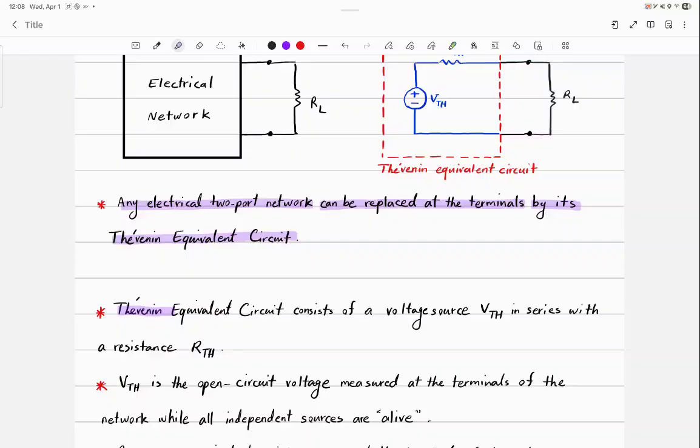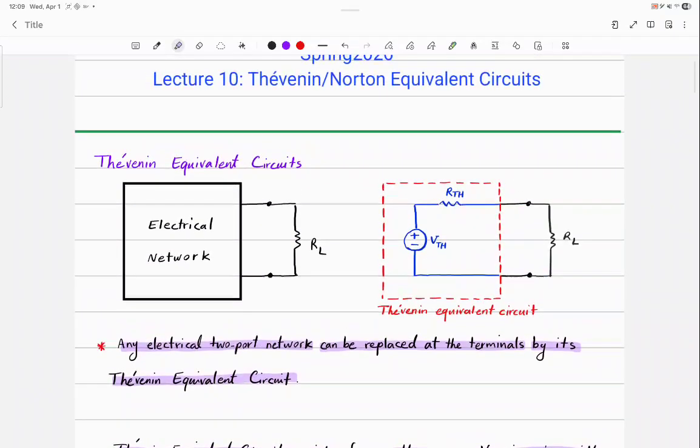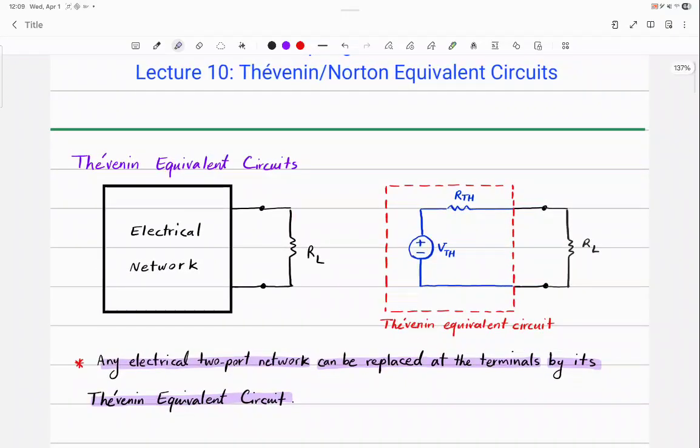The Thévenin equivalent circuit consists of a voltage source, VTH, in series with a resistance, RTH, the TH for Thévenin. I want you to remember this because if you have a current source in parallel with a resistor, that's called the Norton equivalent circuit, okay?